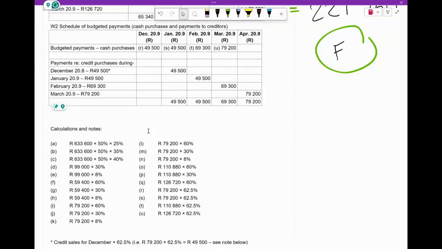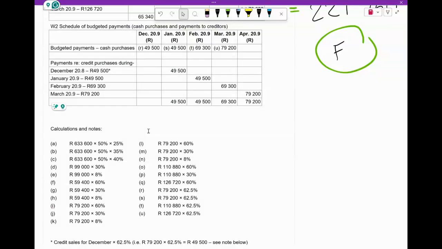But then they tell us cost of sales is 62.5% of sales. There's no opening or closing. And they say 50% of purchases are on credit, while creditors are paid in the month following the month in which the purchases were made.